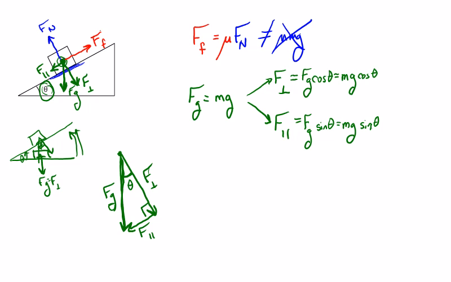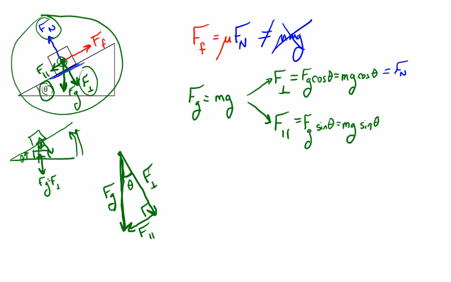So for example, if this box is sitting here on this incline, and these are the only forces acting on it, this blue, red, and green, the perpendicular force would be equal to the normal force because, think about it, normal force means perpendicular. So these would be equal to each other. The other thing we would have is some kind of friction force.